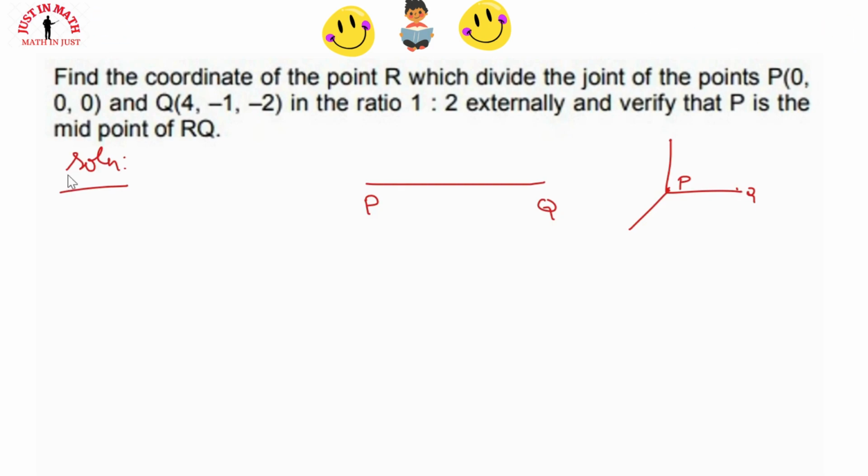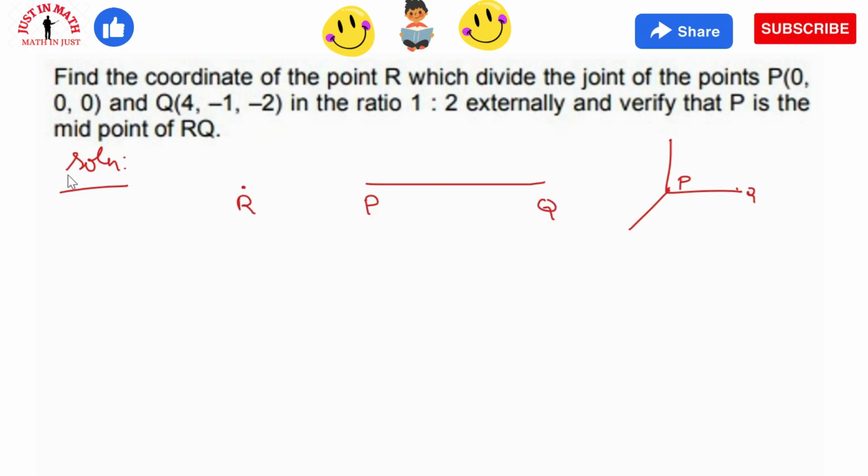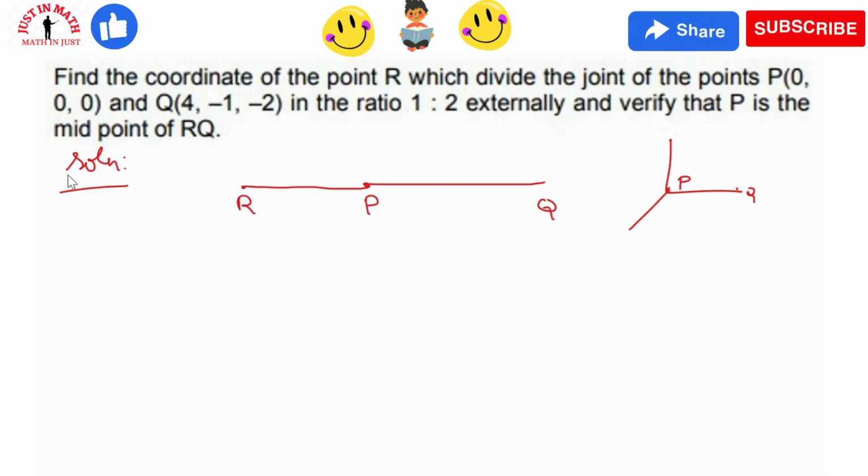Midpoint in the sense, from here or here, the 2 points have to be the midpoint. That's what they have asked. So P Q. Now they are asking R is the point which divides externally. So the point R which is here, I am going to connect this one.